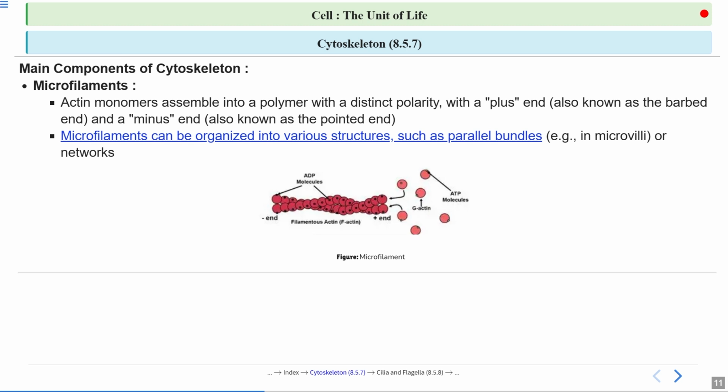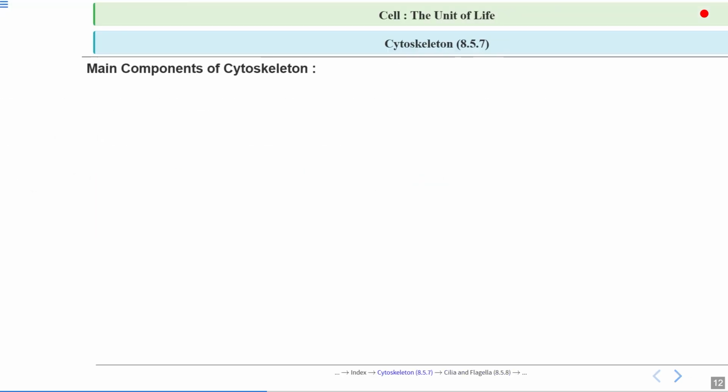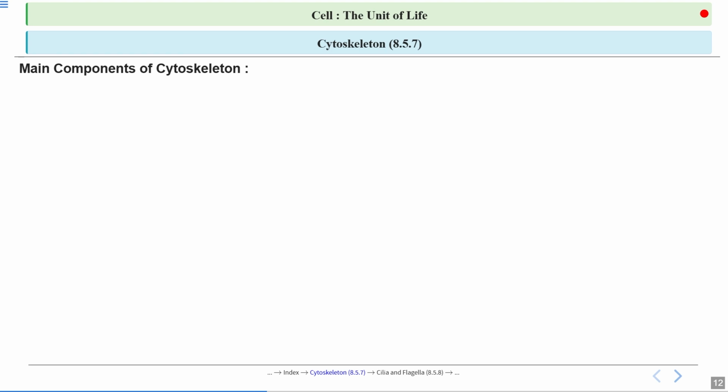Clear? And they provide structural support to the cell. And they enable the dynamic changes which are occurring within the cell. Dynamic means everlasting, ever changing. Whenever you say something is dynamic, it means it is ever changing.